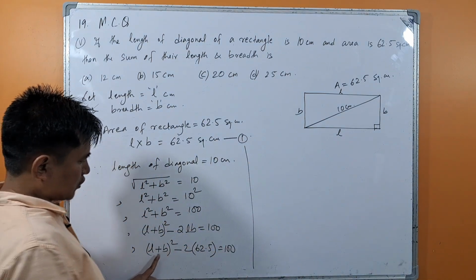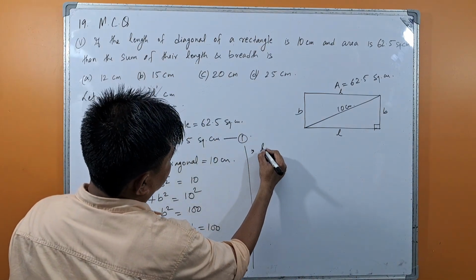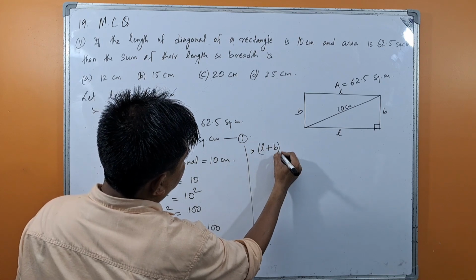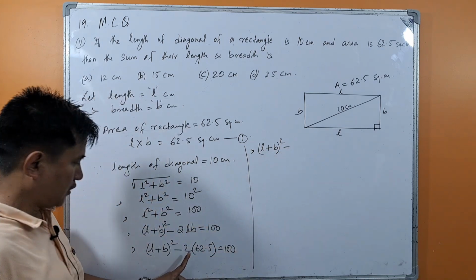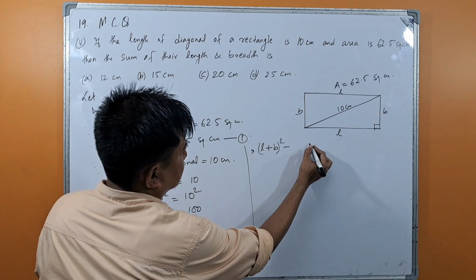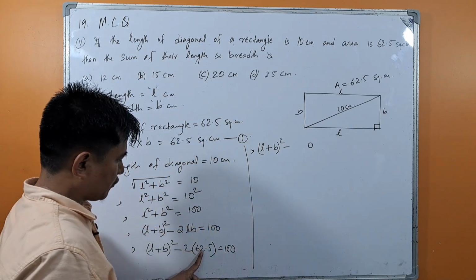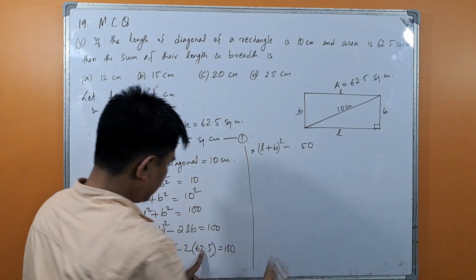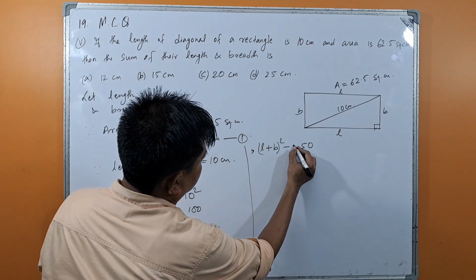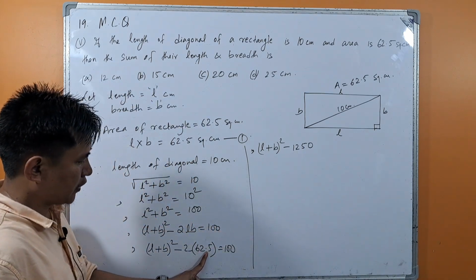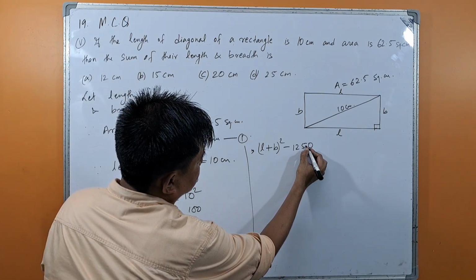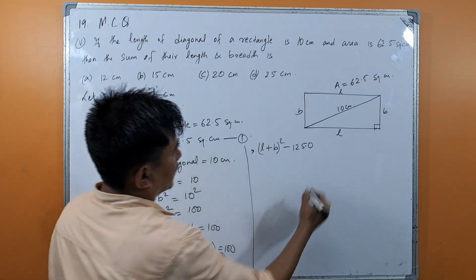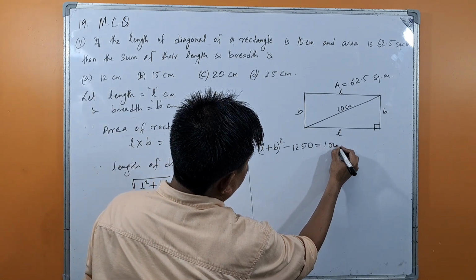L plus B whole square minus 2 5s are 10, 2 2s are 4, plus 1 is 5, 2 6 are 12. So we put the decimal point before one digit, equal to 100 in the right hand side.